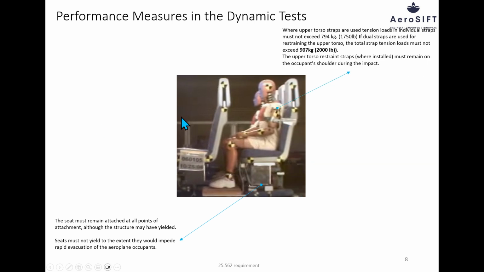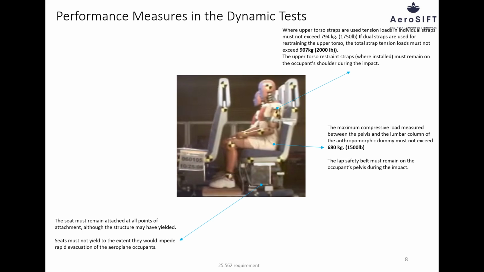The next one is the seat belt and the upper torso restraint. So the straps that restrain the passenger must remain on the occupant's shoulder during the impact, and the tension loads in the individual straps must not exceed 794 kilograms if it is a single one. If there are dual ones, the total load must not exceed 907 kilograms.